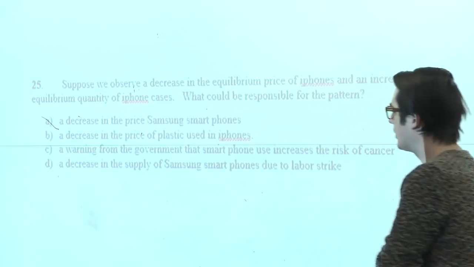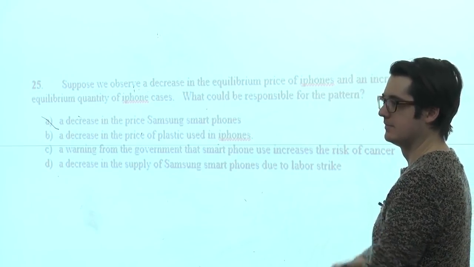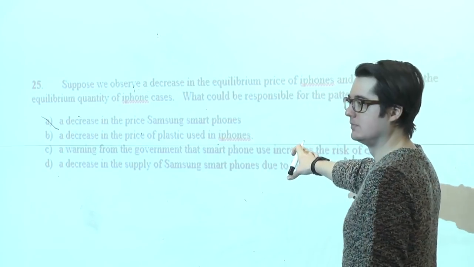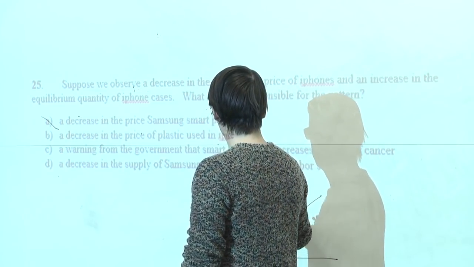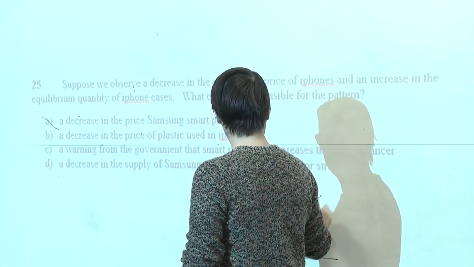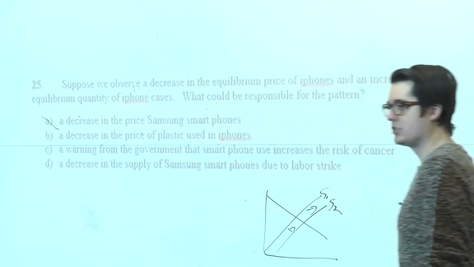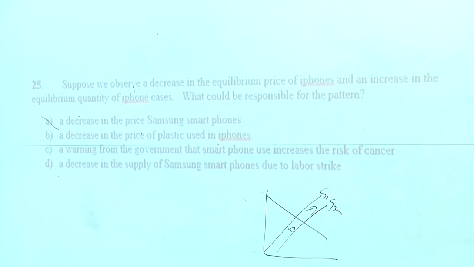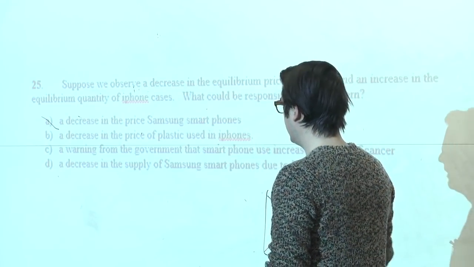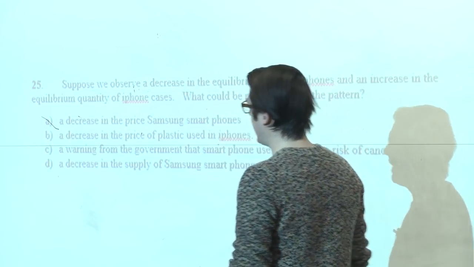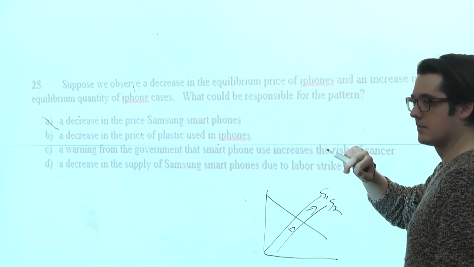All right, B, a decrease in the price of plastic used in iPhones. What is that going to do? It's going to increase supply. You can think of that as a rightward shift or a downward shift in supply. What is that going to do to price? It's going to decrease price. If price decreases, what's going to happen in the market for iPhone cases?